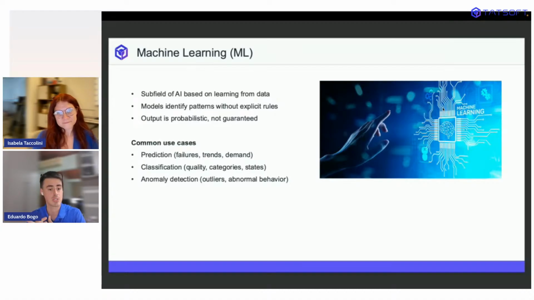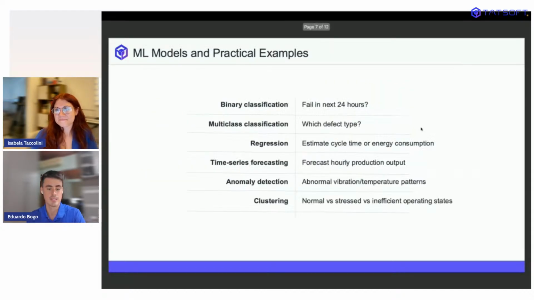And inside of machine learning, we have many algorithm types that we can use. For example, prediction. When you predict a future value, you can classify your data, you can identify anomaly detections, and much more. But these are some of the most used ones. Yes.